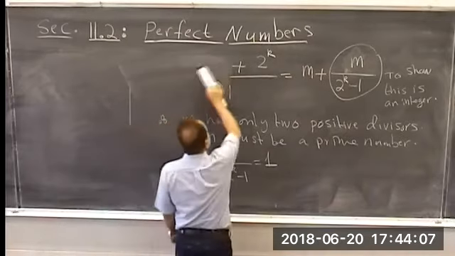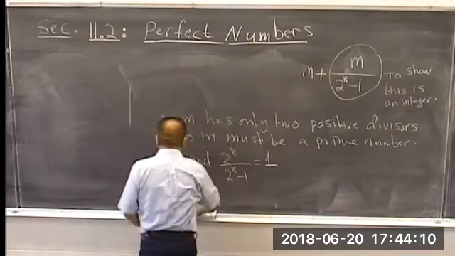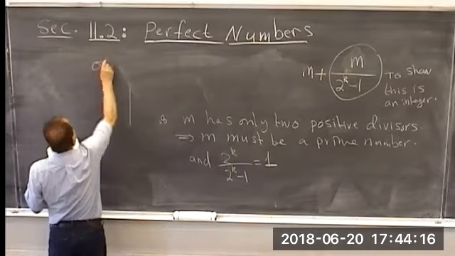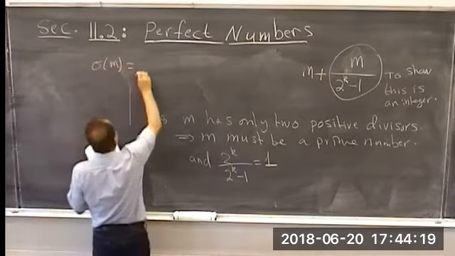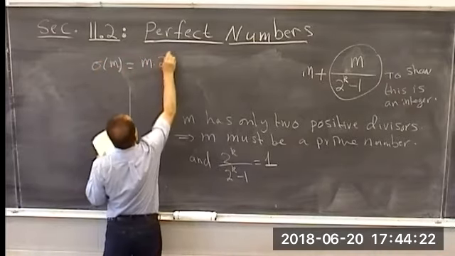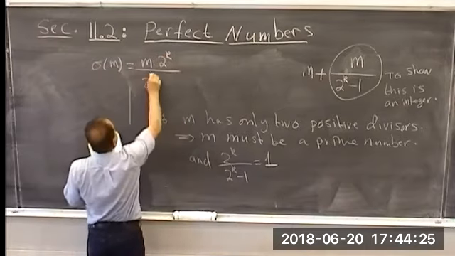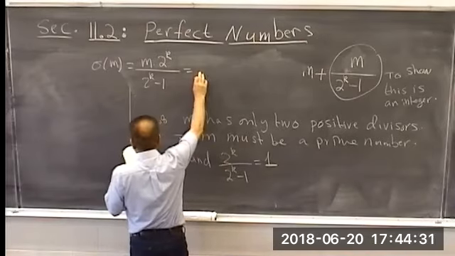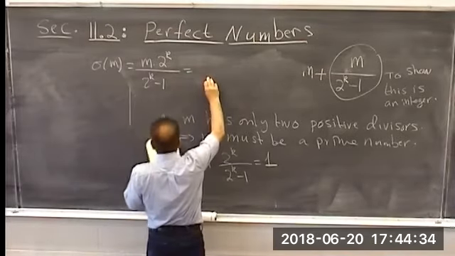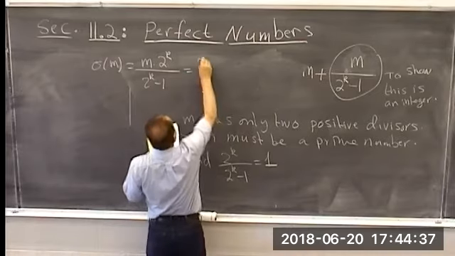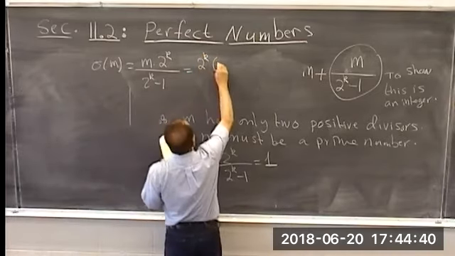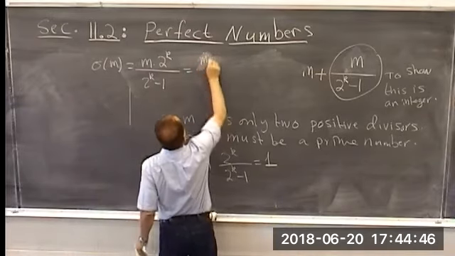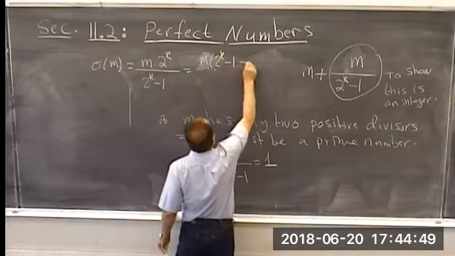Let me write it from the very beginning and then show how we got this. I'm sorry. All right, we have sigma of m. To start with, this is m times 2 to the k over 2 to the k minus 1. And I said we're going to write this as m times (2 to the k minus 1 plus 1).